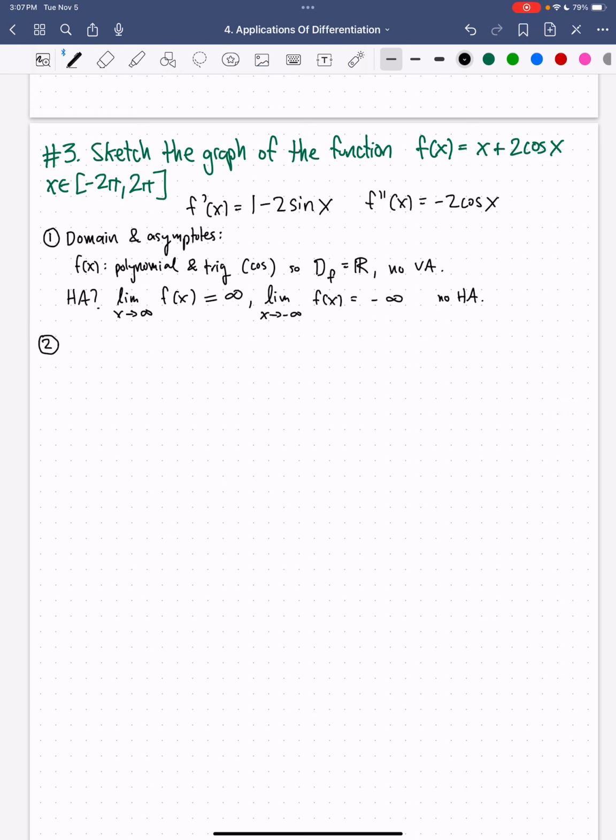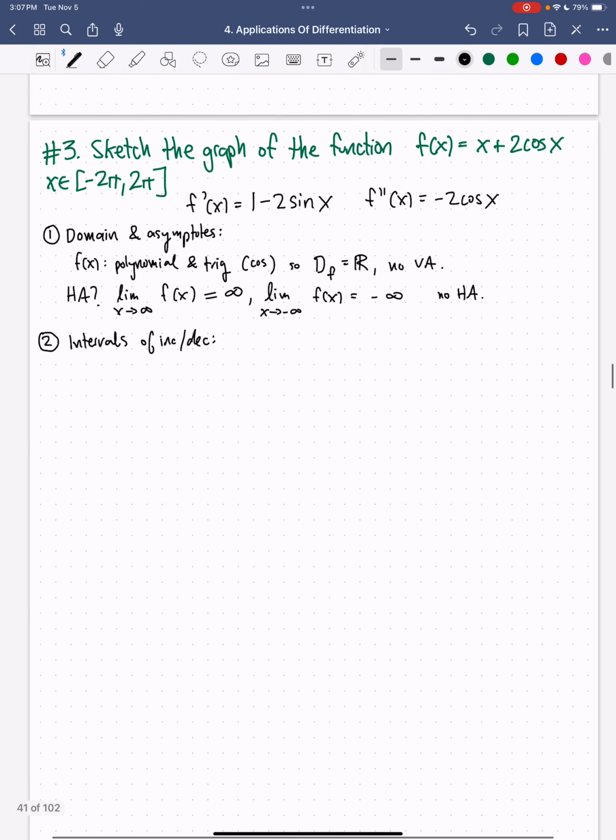Now let's move on to our second step, which we know is to find intervals of increase and decrease. Well, if we look at our first derivative, we want to find the critical numbers. So we've got f prime, as shown above, is 1 minus 2 sine x, and that is equal to 0 when 2 sine x is equal to 1, and so sine x is equal to 1/2.